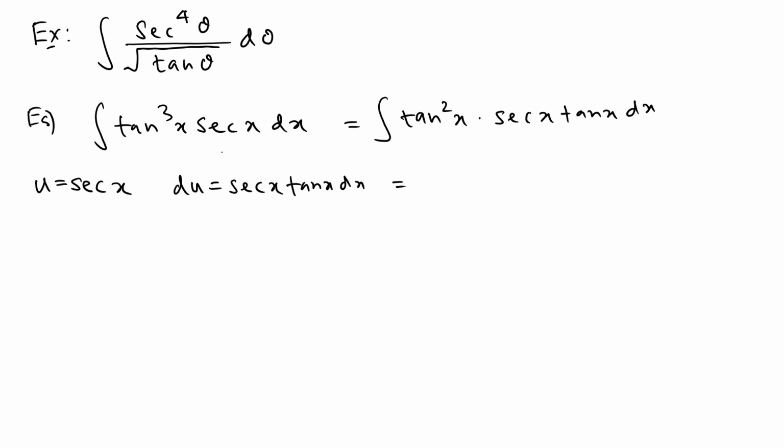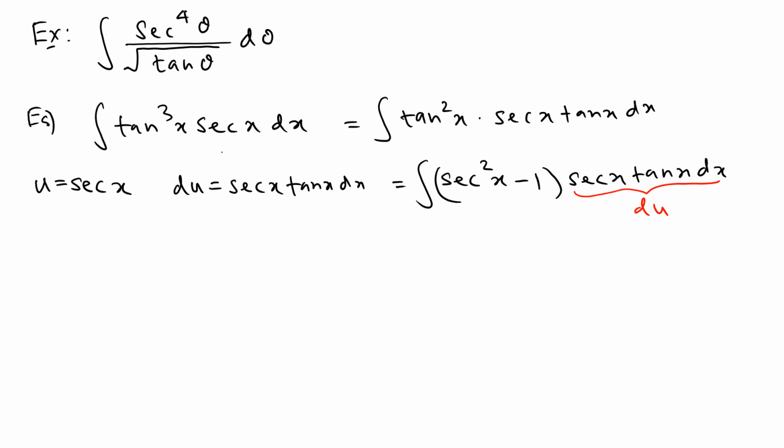Then we rewrite everything else using secant. We can do that because tan squared x is simply secant squared x minus 1, and the remaining part is secant x tan x dx, or you can simply write du, but I like to have the same variable in one equation. So this is du.